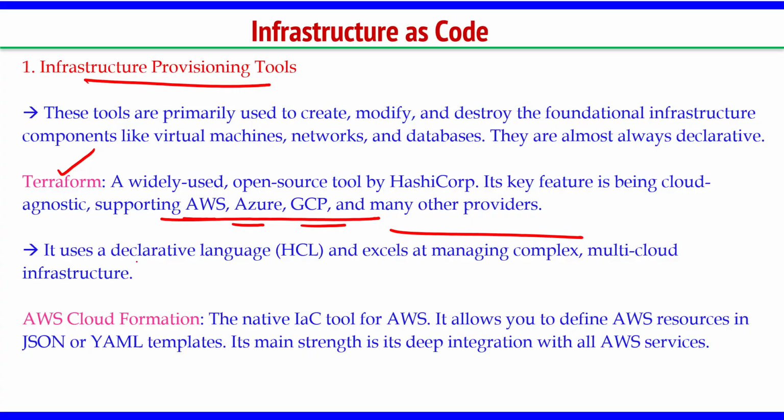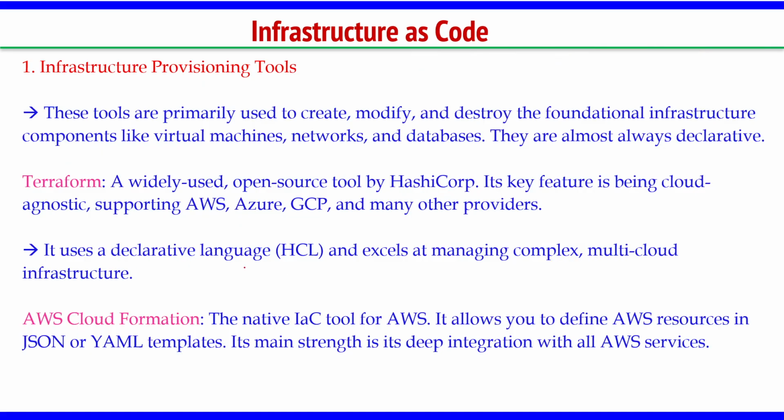See, it uses a declarative language, HCL, the HashiCorp Configuration Language, their own language. The name of the company is HashiCorp. It excels at managing complex multi-cloud infrastructure. Actually we are going to learn the HCL language. HCL is a language using which we will be writing the script which will be creating the environment for us.